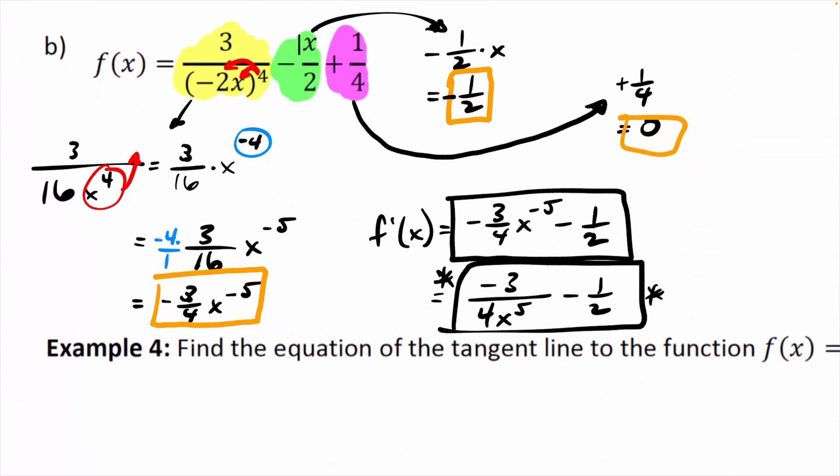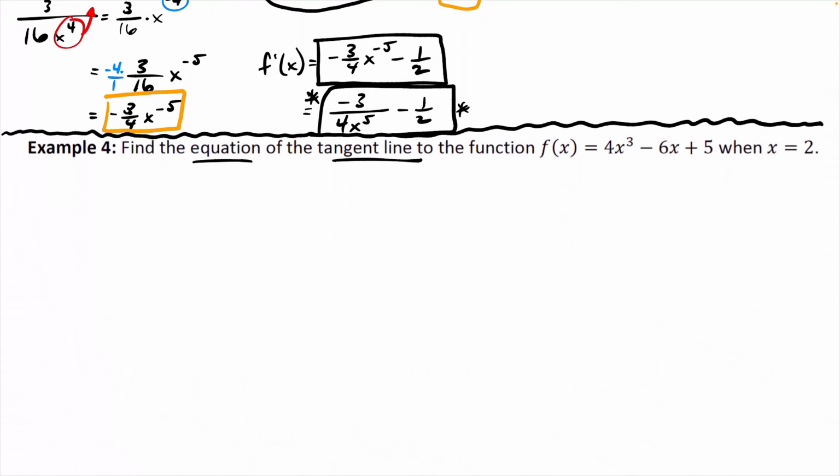So when we find equations of tangent lines, what do we need? What's the big thing that we need? We need really two things, three things. Derivative. Yep, we need a derivative.